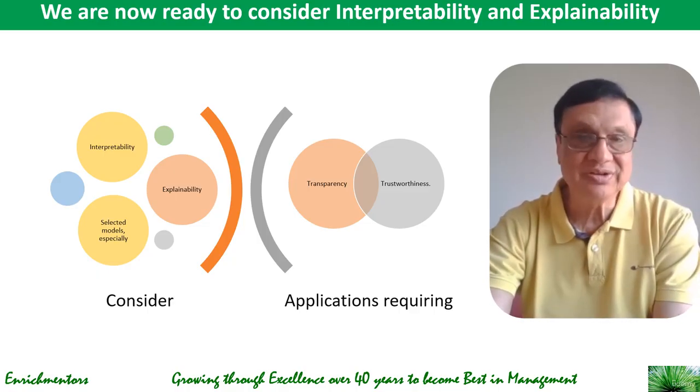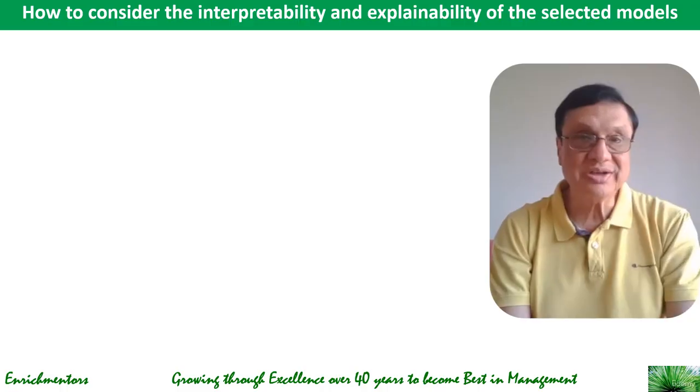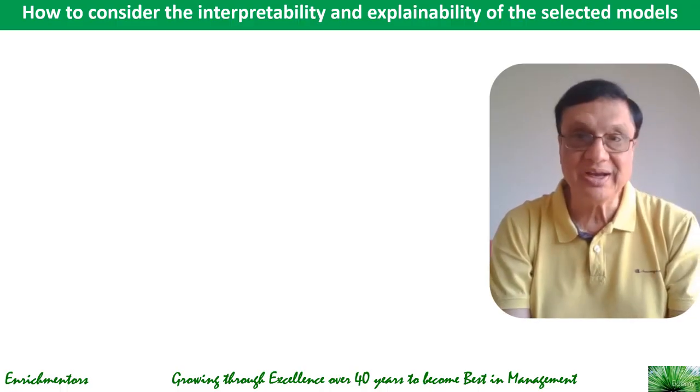And we are now ready after having considered many steps in this section, right from researching to selecting to developing and training the models, etc., and optimizing as well. So let's now look at how to do this. So how to consider interpretability and explainability of the selected model.